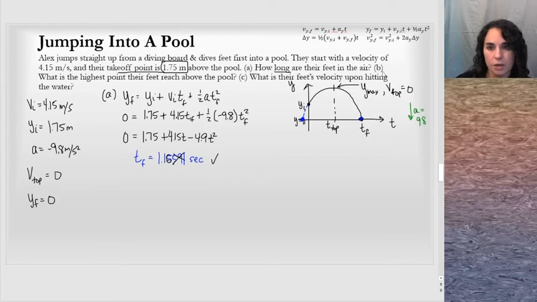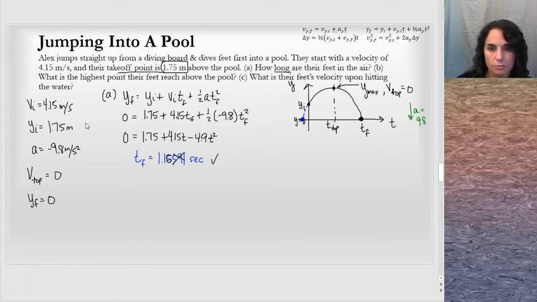Did that. B, what is the highest point their feet reach above the pool? So it seems to me they're asking what is y max? So I'm going to have to find an equation that relates the initial and final positions.